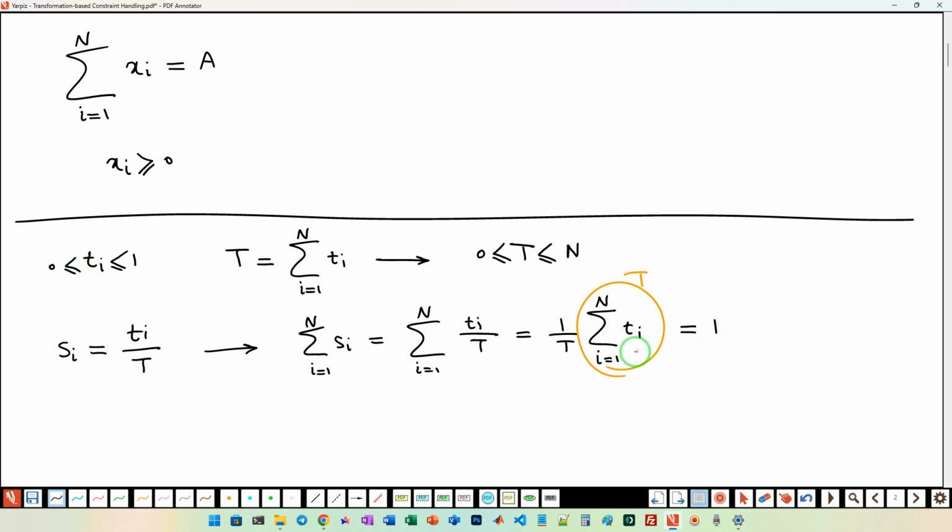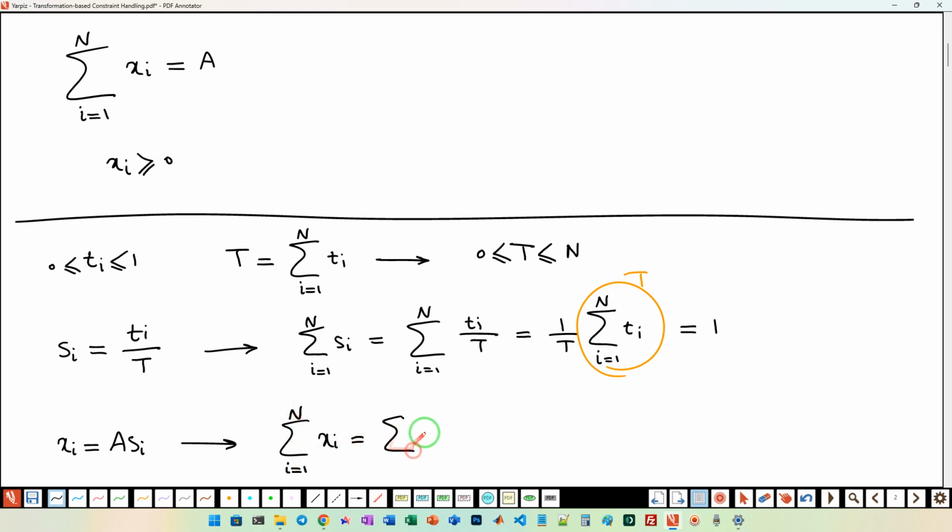Okay, now we have some variables si's which exactly add up to 1. And if we define xi equal to a si, then what we can say about the summation of these xi's?